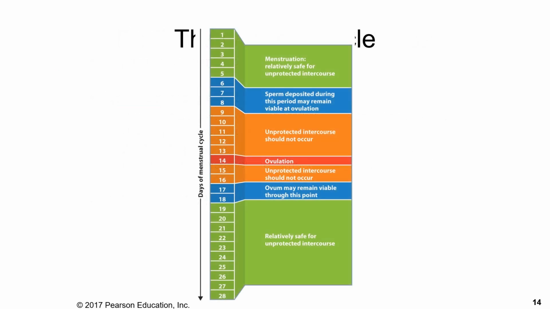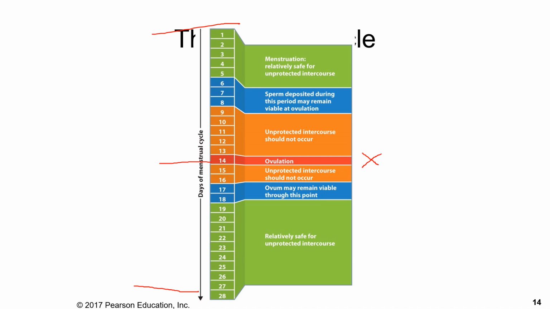So here's a calendar showing you day 1, day 2, 3, all the way to day 28. So that is reflecting the days of the month in the menstrual cycle. Now we said that mid-cycle, in a 28-day cycle, that's day 14, ovulation takes place, and that is when the egg is being released, which means this is the day that there should be no intercourse, right?